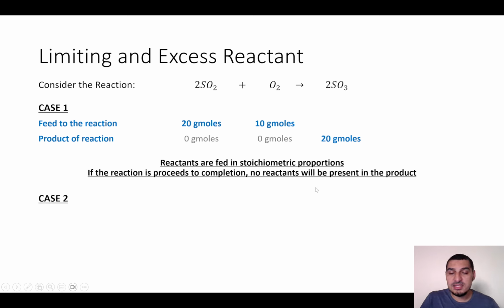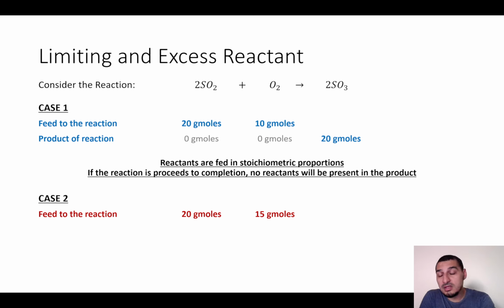The second case is the same reaction, but with different feed flow rates or amounts. And there is a point that must be clear here, that there is a big difference between the amounts that are fed to the reaction and the amounts that are reacting. So just to clarify this, when we look at the ratios, it's 2 to 1.